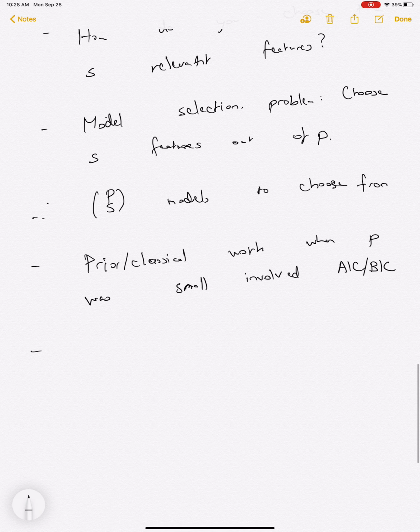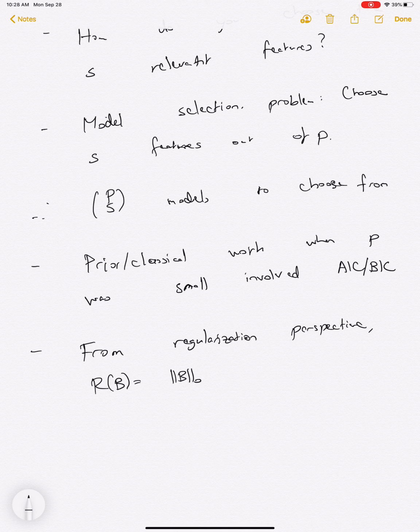From the regularization perspective, that means R of B is just the norm of B0. AIC and BIC differ only in how you choose lambda.